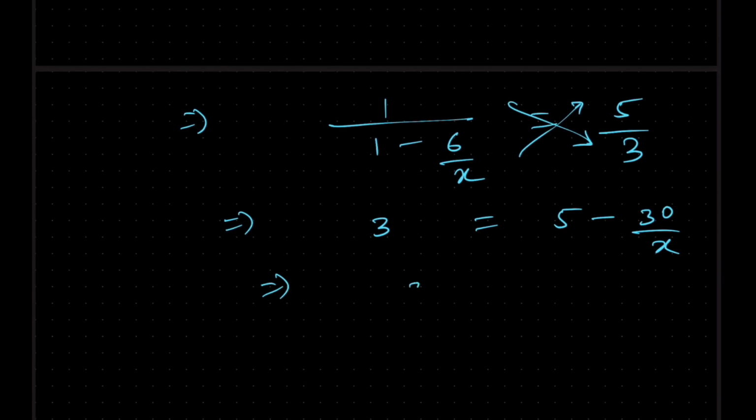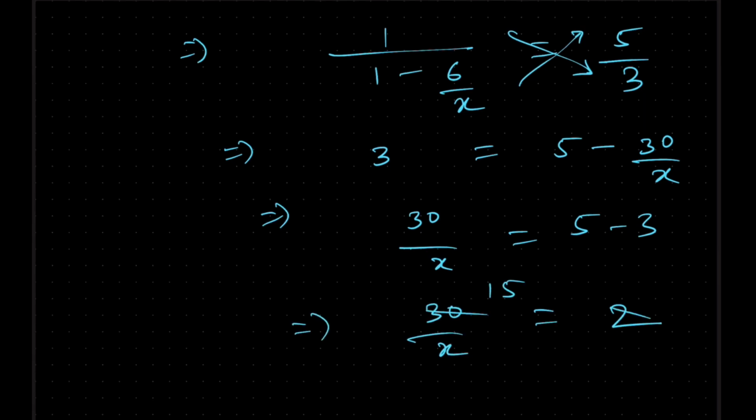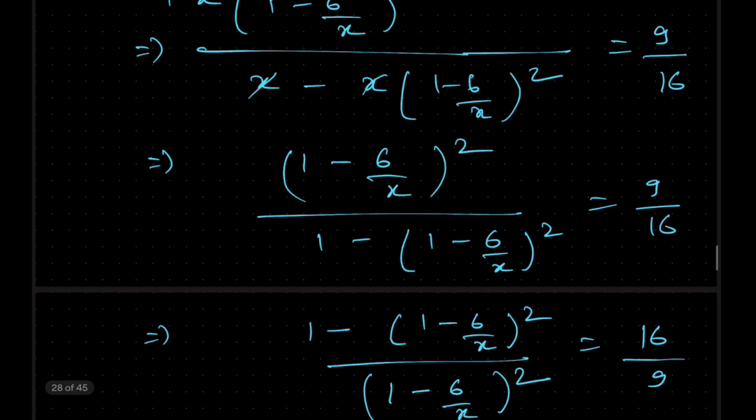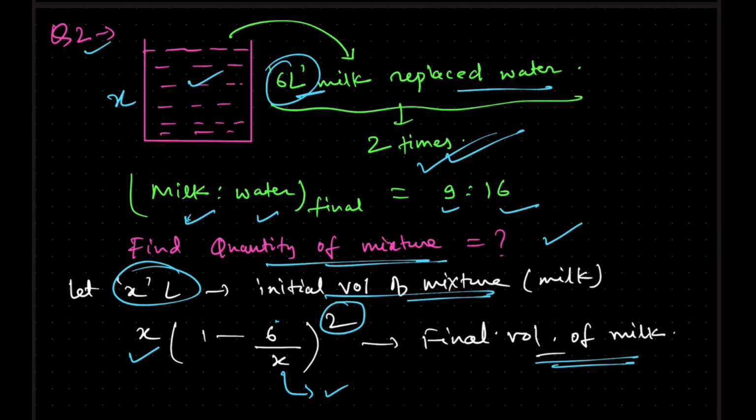Taking 30 by x on the left hand side and 5 minus 3, you get 2 into 30 by x, so you get 15 liter. So whatever we assumed in our question as the initial volume of the milk, x liter, is 15 liter.